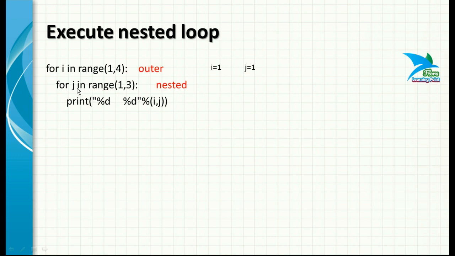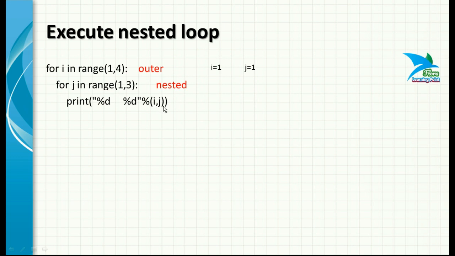Then the control moves to the increment part of this nested loop, and the value of j will be 2. When you print this line, the value of I is still 1, because the increment statement of the outer loop has not yet executed.